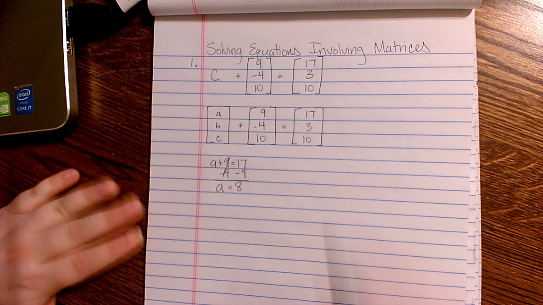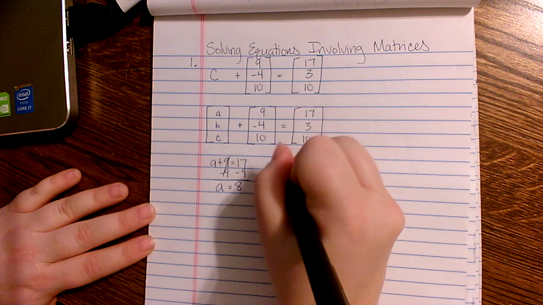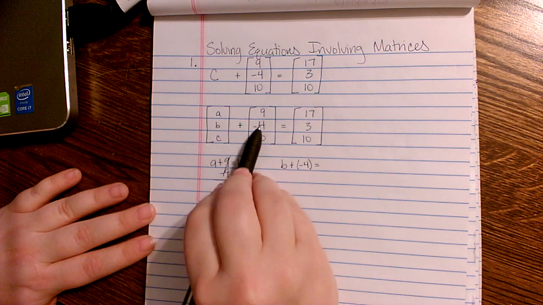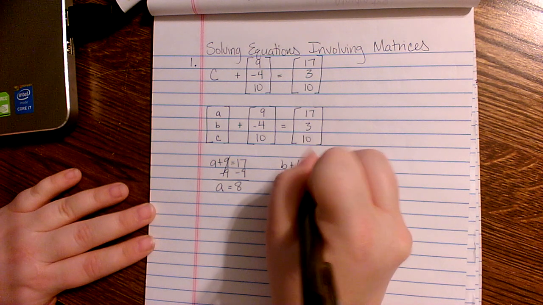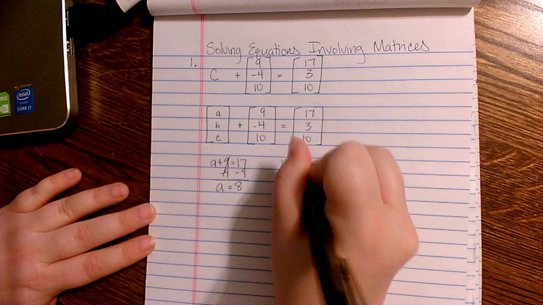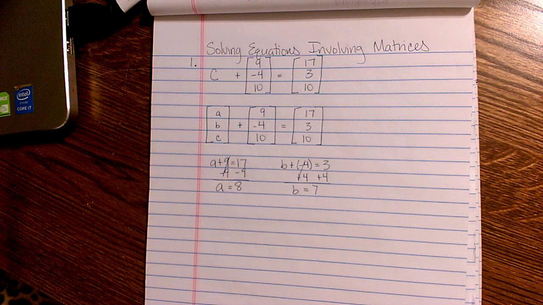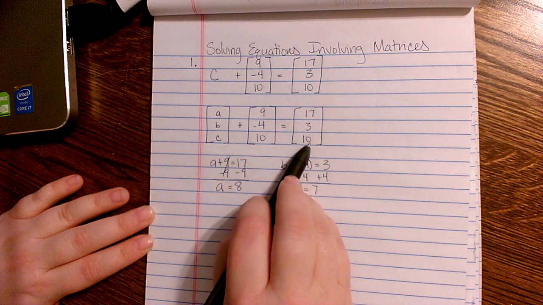So we get 8. So then if we have B plus -4, then that has to equal the number in the same position, which is 3. So you can just add the 4. So B equals 7. And then to get C, the bottom number, we can do the same thing with those bottom numbers.